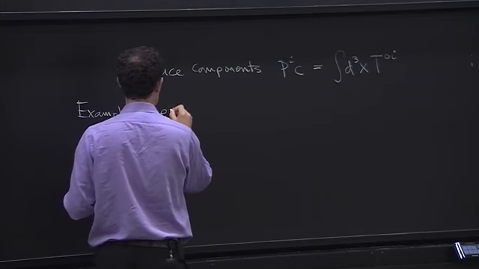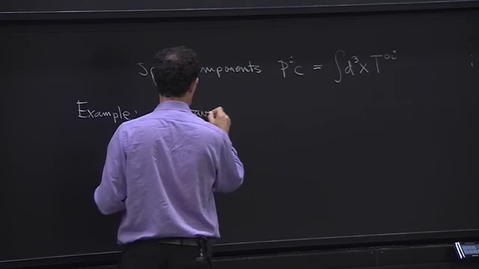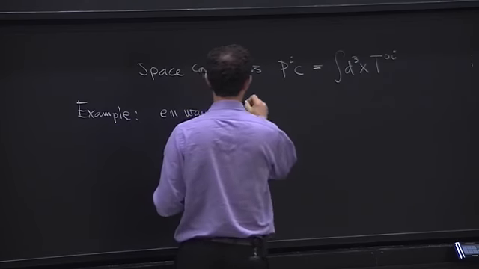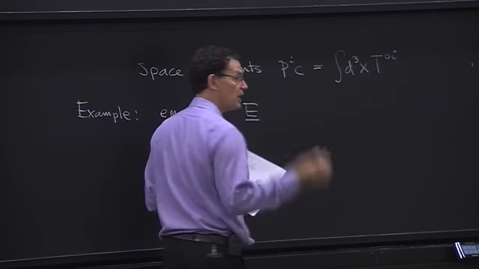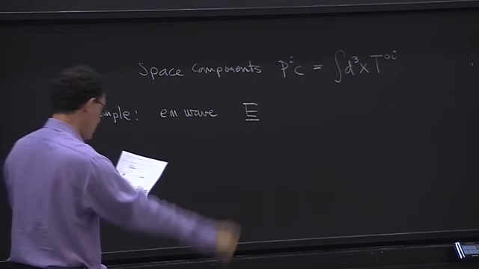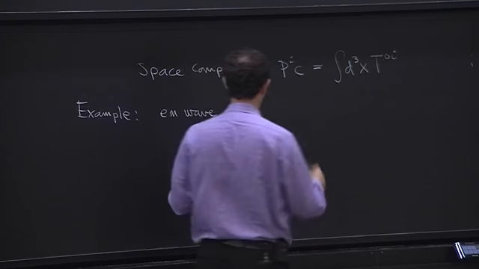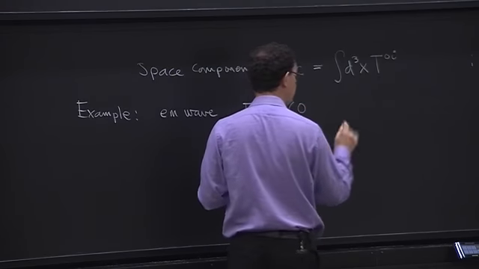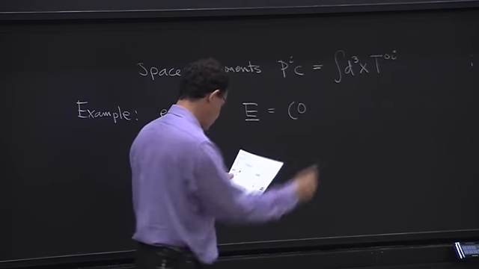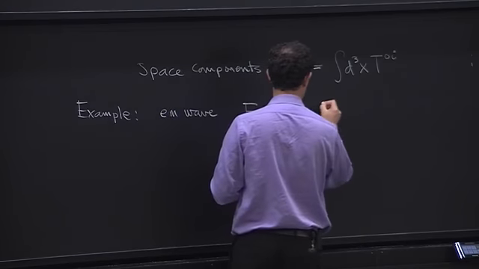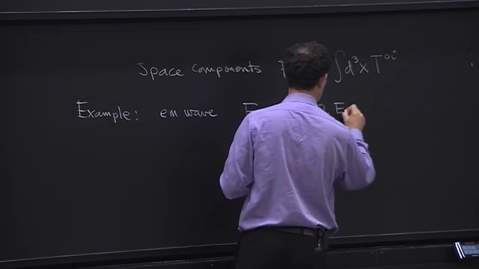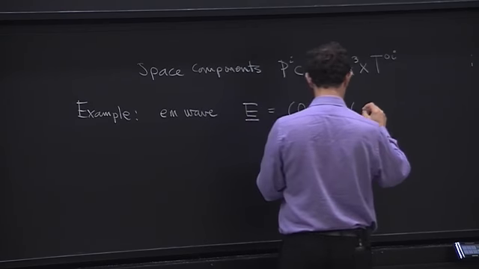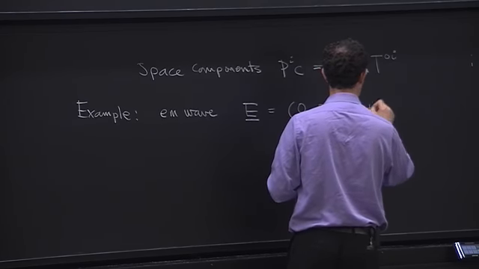So let's calculate an example. An electromagnetic wave, okay, which we already studied. We'll just take a linearly polarized wave, polarized in the z direction and moving in the x direction, electric field in the z direction, E_z of x minus ct.